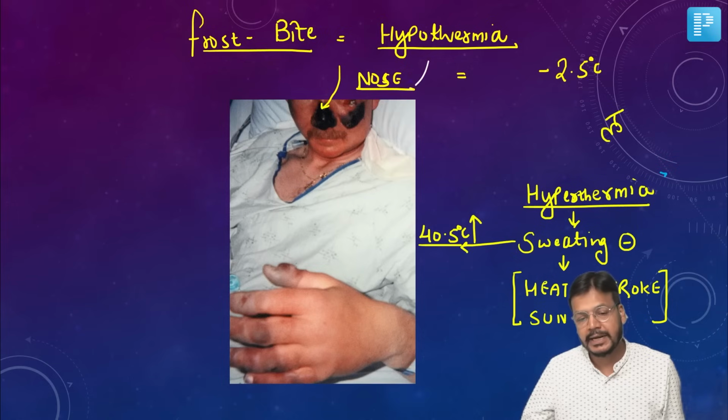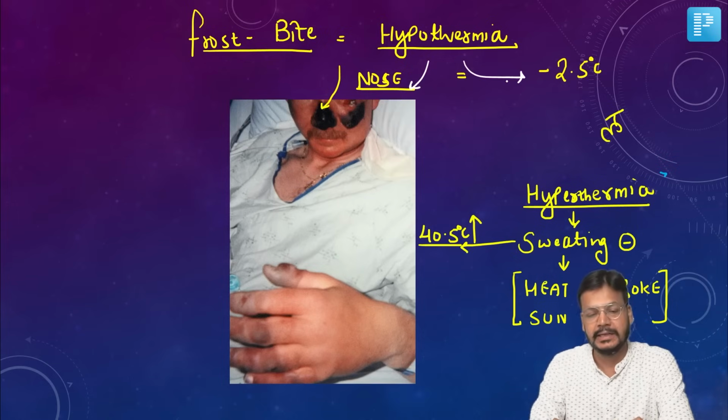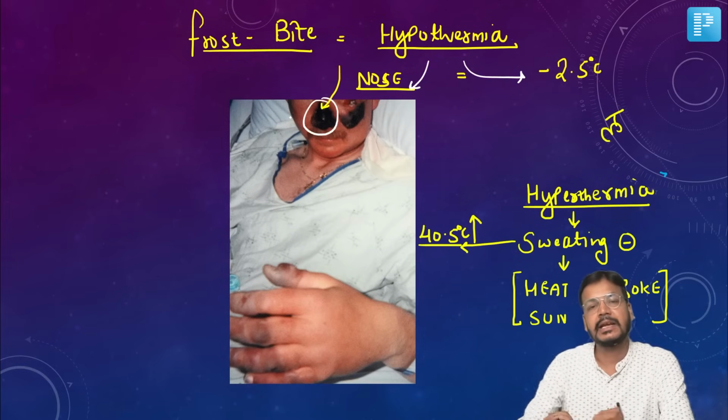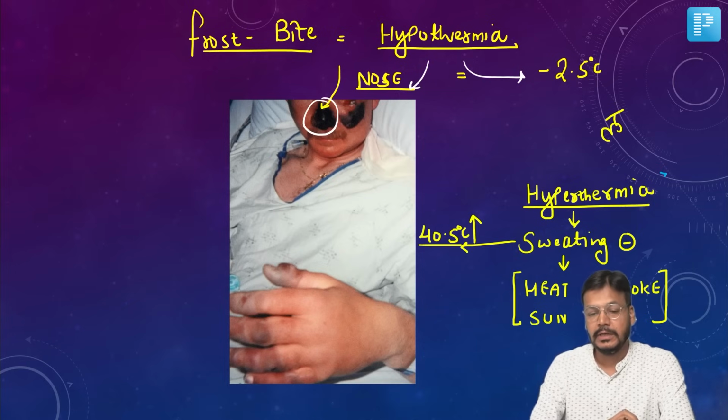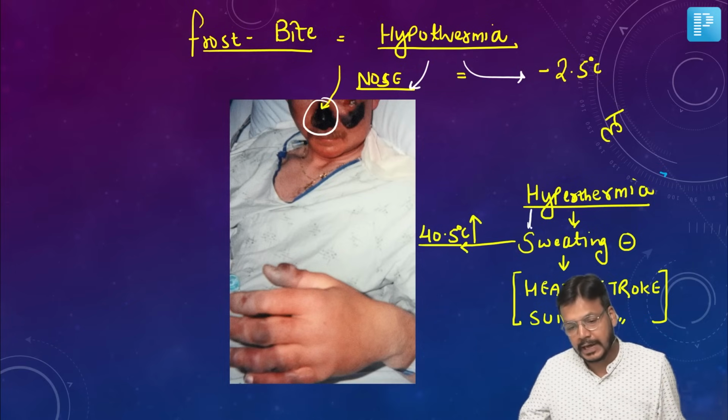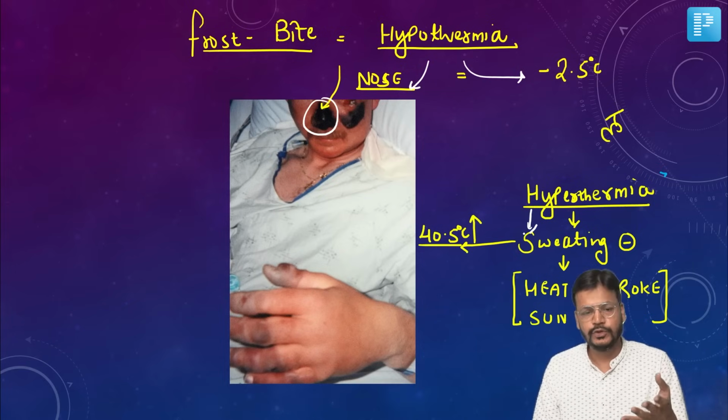Sir, frostbite is a hypothermia, and it is seen when the temperature is minus 2.5 degrees centigrade. Most commonly affected site is the nose.